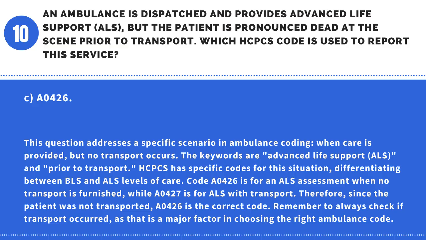Code A0426 is for an ALS assessment when no transport is furnished, while A0427 is for ALS with transport. Therefore, since the patient was not transported, A0426 is the correct code. Remember to always check if transport occurred, as that is a major factor in choosing the right ambulance code.